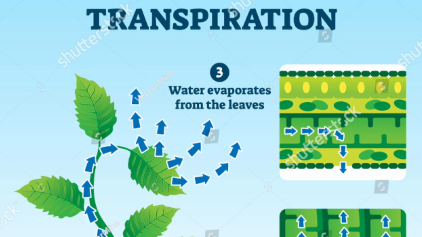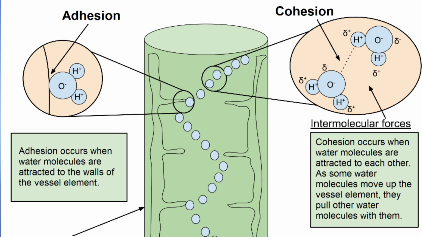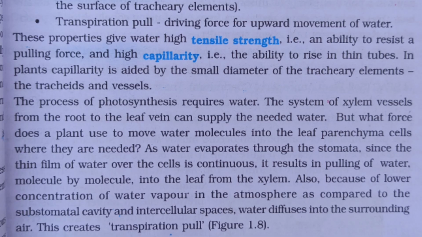These properties give water high tensile strength, the ability to resist a pulling force, and high capillarity, the ability to rise in thin tubes. In plants, capillarity is aided by the small diameter of the tracheary elements, the tracheids and vessels. The system of xylem vessels from the root to the leaf vein can supply the needed water.